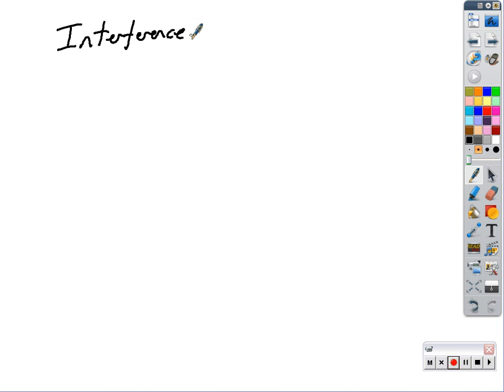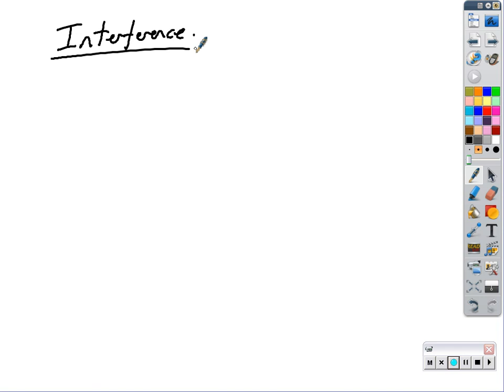We've done reflection, refraction, diffraction, and you have interference. If waves can interfere with each other, then they are waves. Radio waves can interfere with one another, light waves can interfere with one another, sound waves can interfere with one another. So this is what we're going to do in terms of interference.